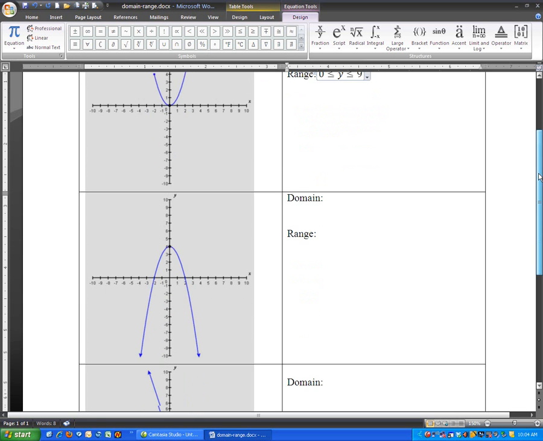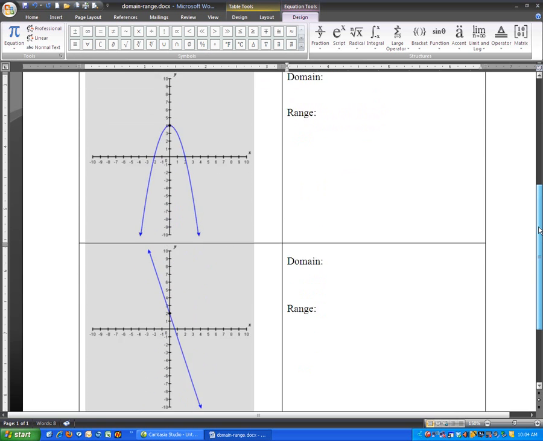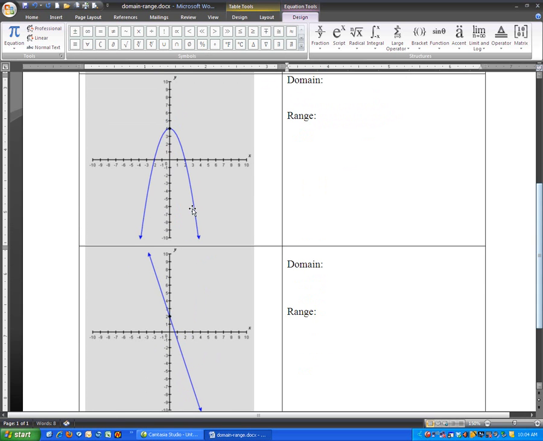Number 2. All right, notice a difference on this one. This one has arrows, which means this graph continues forever. So this graph continues forever down to the left, and it also continues forever down to the right. That means we use every x number.